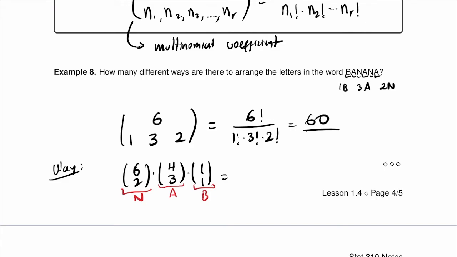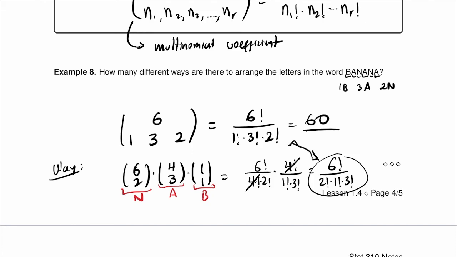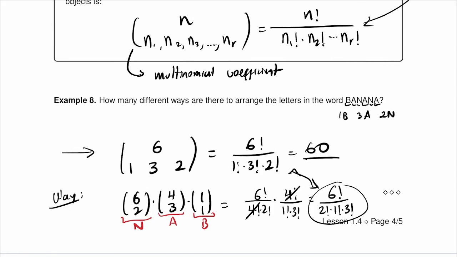And if we solve this, we are going to see that this is 6 factorial over 4 factorial times 2 factorial, multiplied by 4 factorial over 1 factorial times 3 factorial. This cancels out, and we have 6 factorial over 2 factorial, 1 factorial times 3 factorial, and this is going to be the same. So here it's easy to use the partition formula directly.